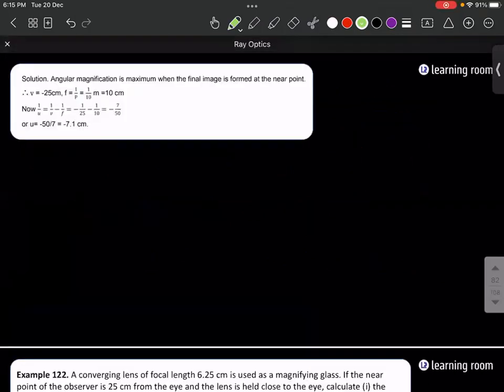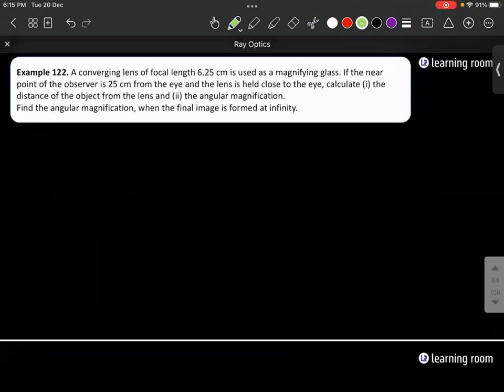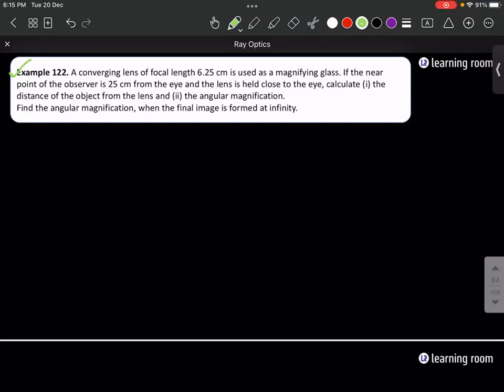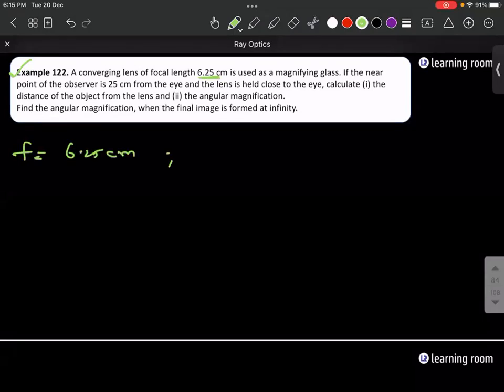Okay, let's do the next one. Listen. How to solve this? A converging lens of focal length 6.25 centimeter is used as a magnifying glass. A magnifying glass is basically a simple microscope.